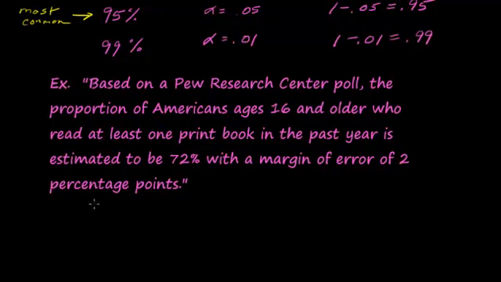And so say in this example, and I actually did look this up, their sample size, sorry, that's my lowercase n, let me just cross it out, lowercase n, was 2,986 Americans that they surveyed.